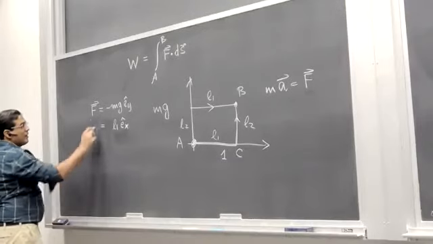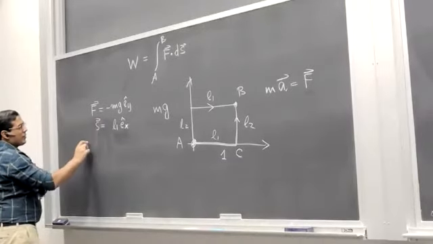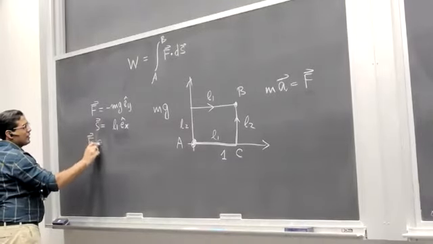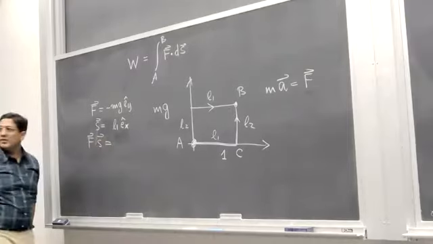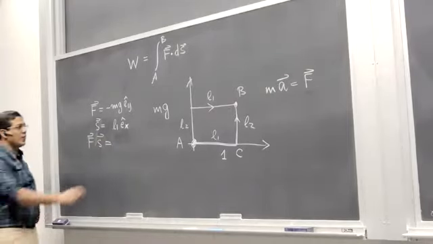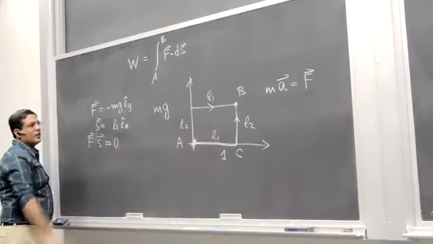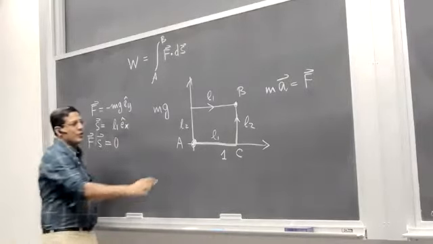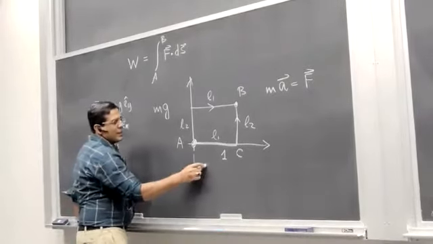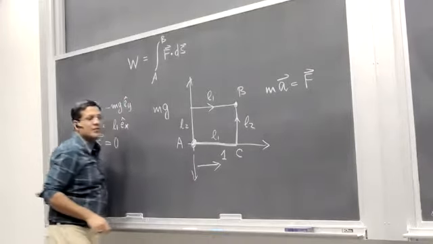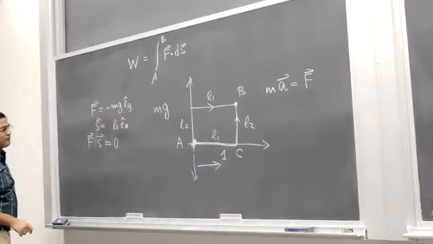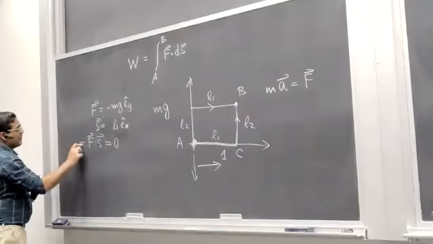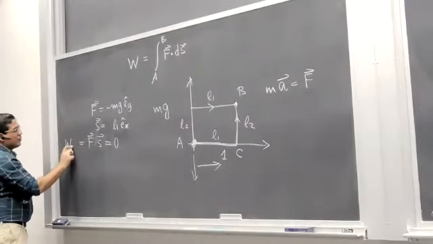So what is the dot product between F dot s here? Zero. So no work done. The force and the distance make a 90-degree angle. No work done. So this is the work done from A to C.